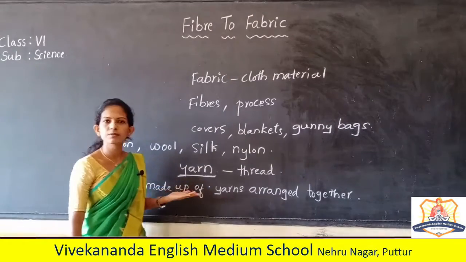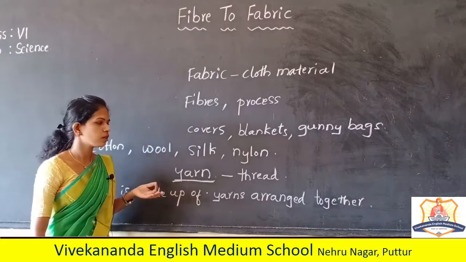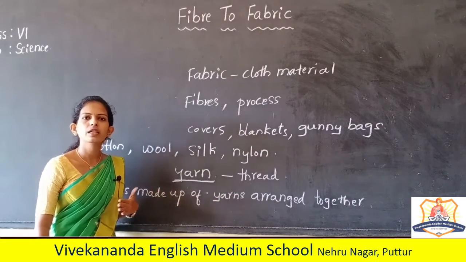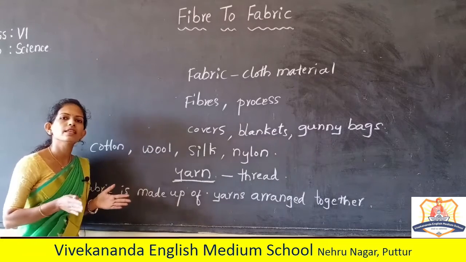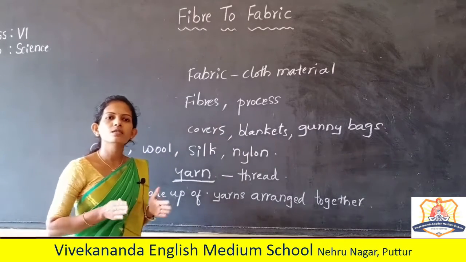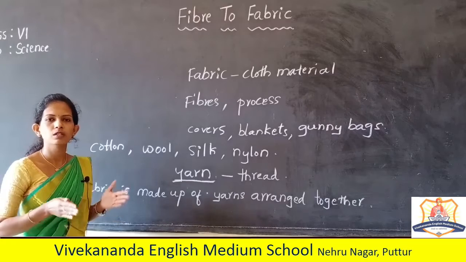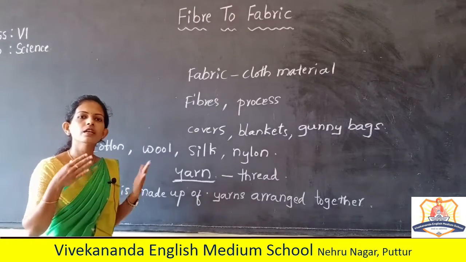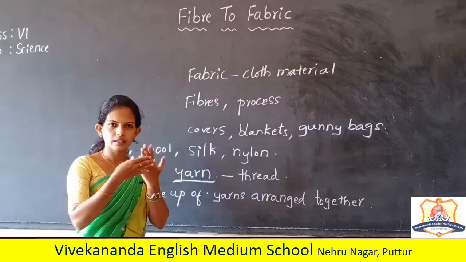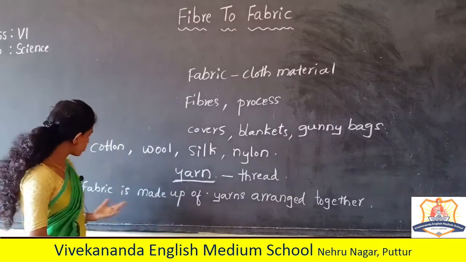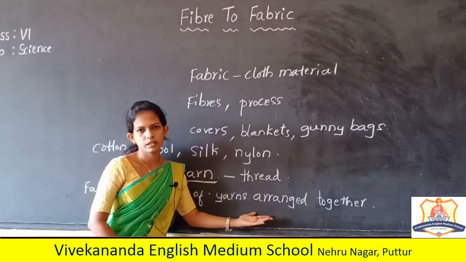Yarn is nothing but a thread. A loose thread of a fabric is called yarn. Now we can say that a fabric is made up of yarns arranged together, because you can see in a fabric there are two sets of yarns like this, right?